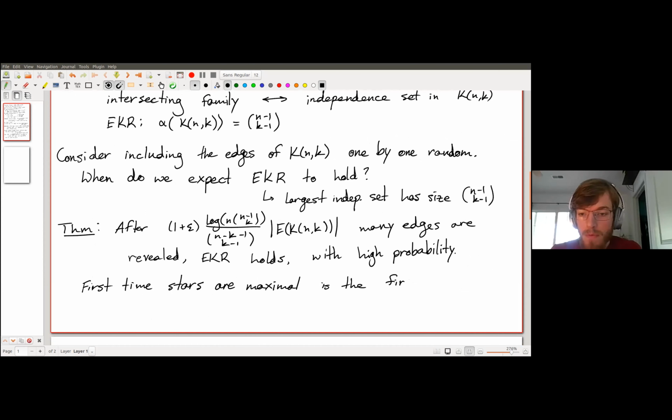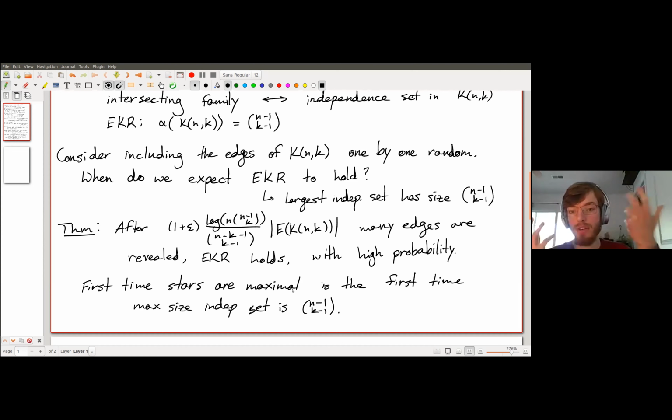Right, and this first condition is clearly necessary for the second one, because if your stars aren't maximal, that means I can add something to the stars and get an independent set of size n-1 choose k-1 plus 1.